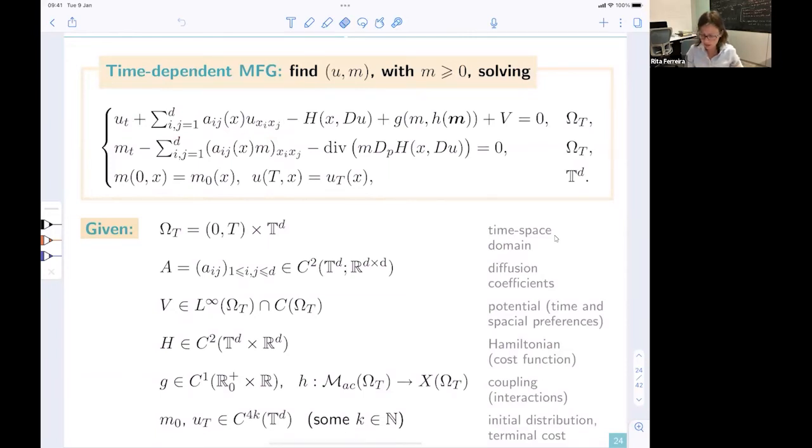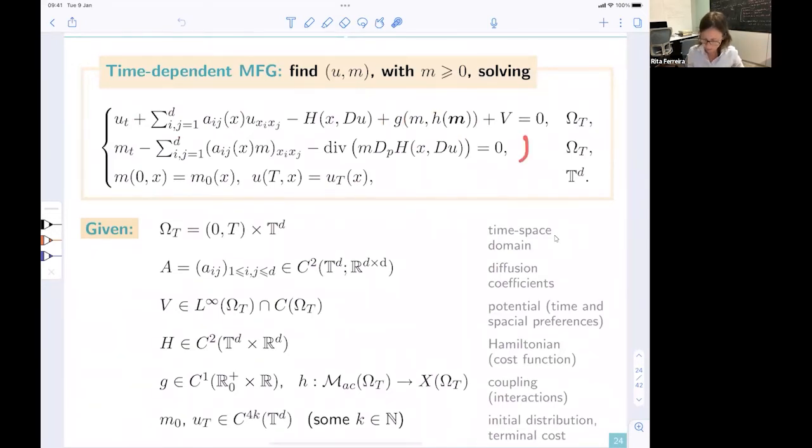We have our Hamiltonian and we have our coupling, and I will detail a little bit more about this. But the coupling can depend locally on M or non-locally. So we address all these cases at once with this monotonicity approach.